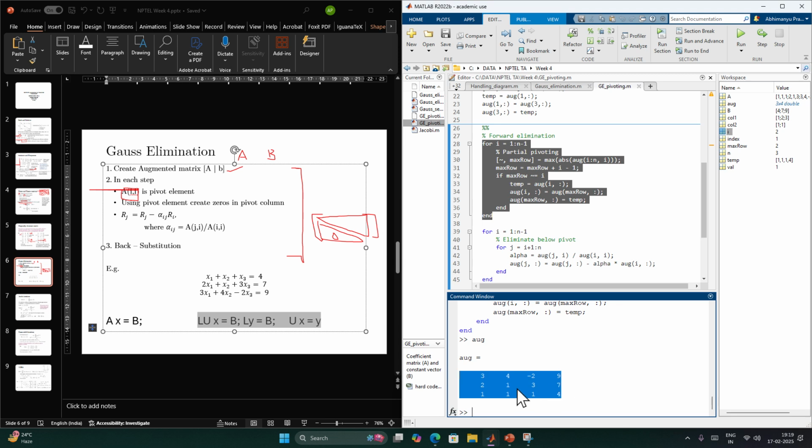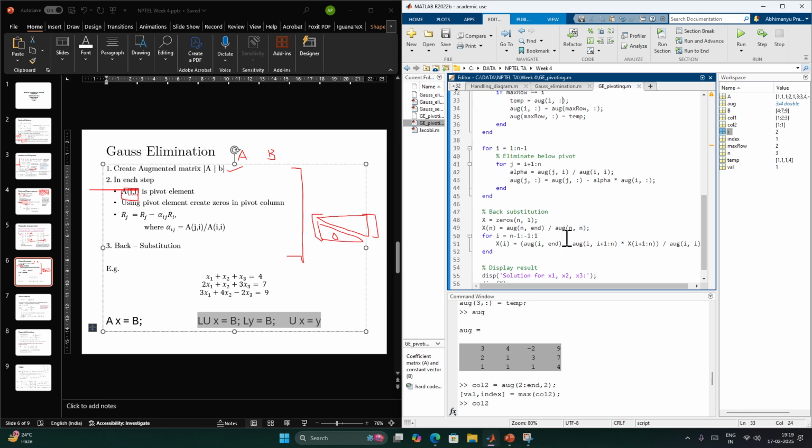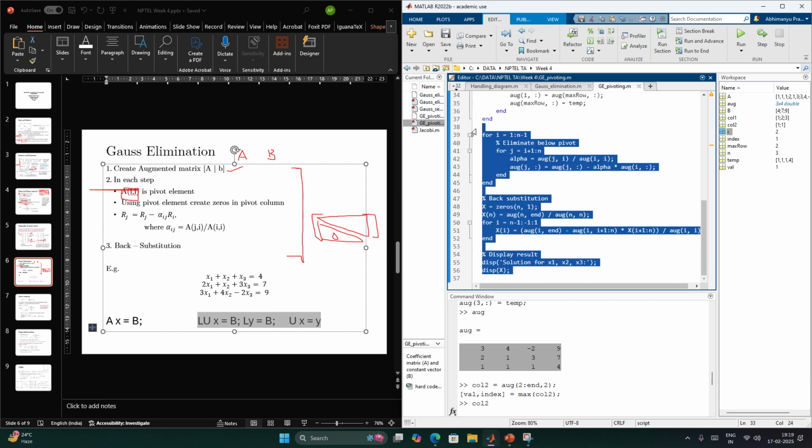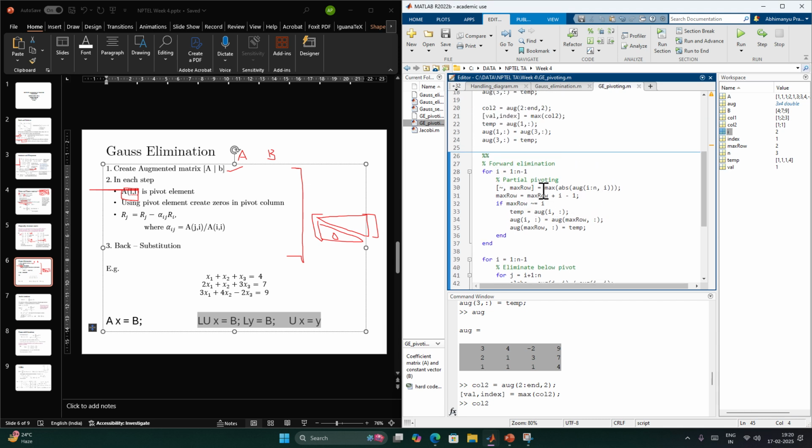Okay, this is what we were getting based on hard coded, right? This is just automating that part. The rest of the command is similar to the Gauss elimination. We are making the upper triangular matrix and then back substitution. So, any doubt to anyone why we are doing this pivoting, and what do we do using this loop?